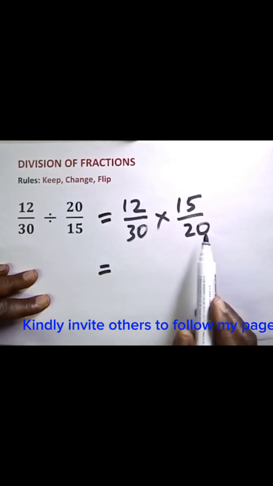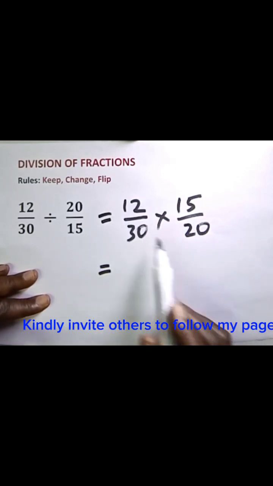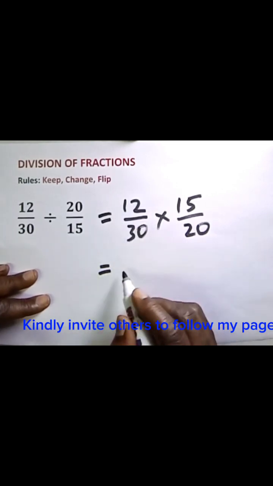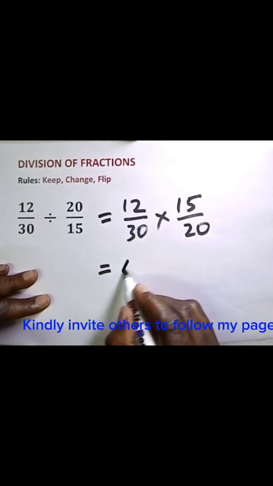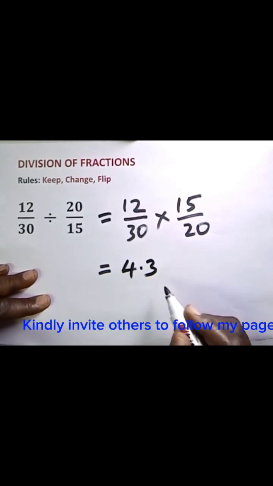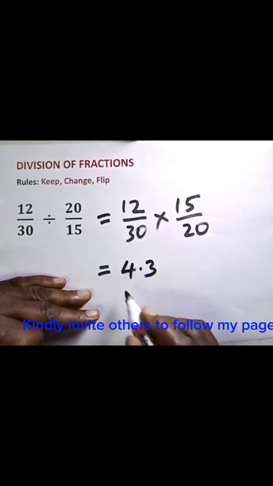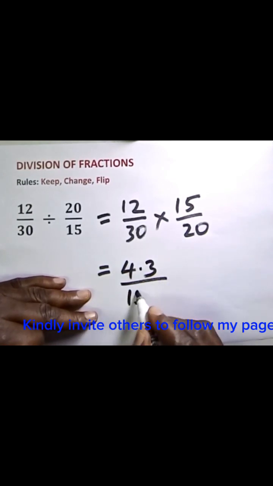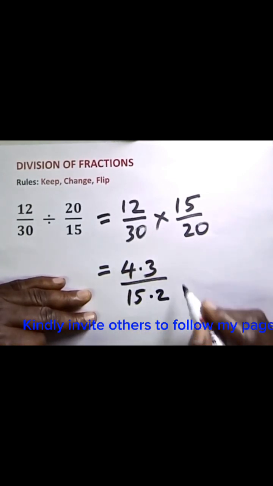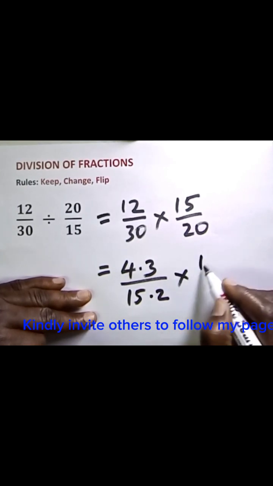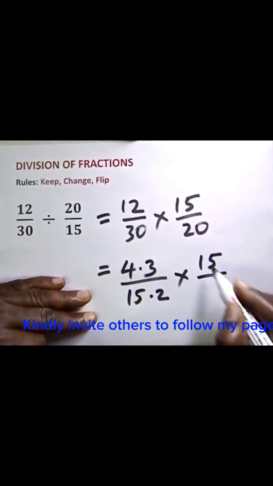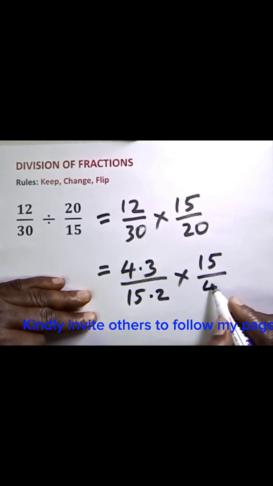Both these numbers are divisible by 4. 12 and 20 are divisible by 4. So 12 is the same thing as 4 times 3 all over 15 times 2 times 15 all over 4 times 5.